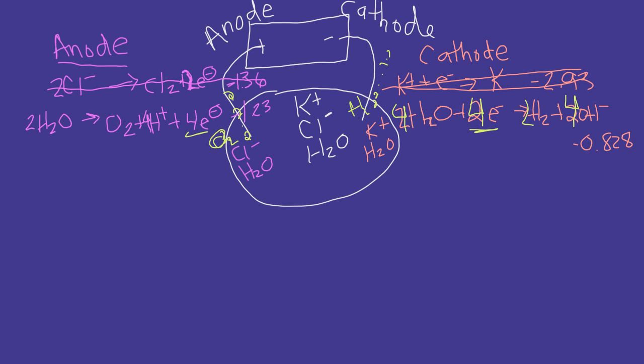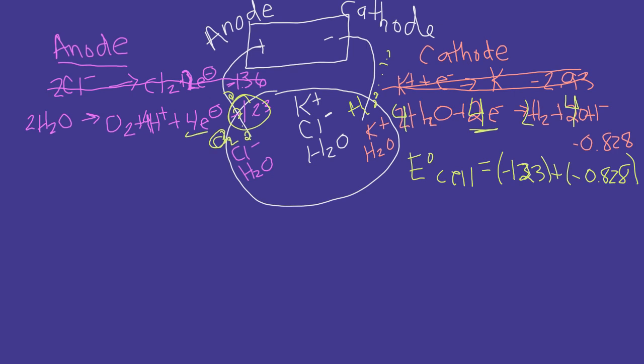The overall E cell value we can calculate. So E cell would be negative 1.23, and I'm getting that value right here, plus negative 0.828, and this is somewhere around 2.0 something.